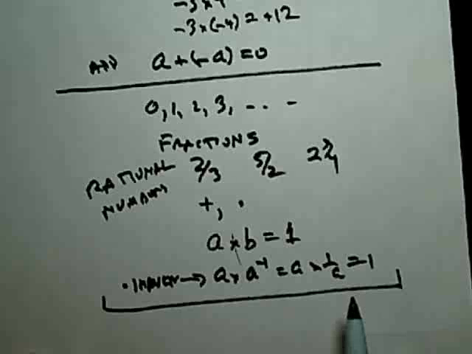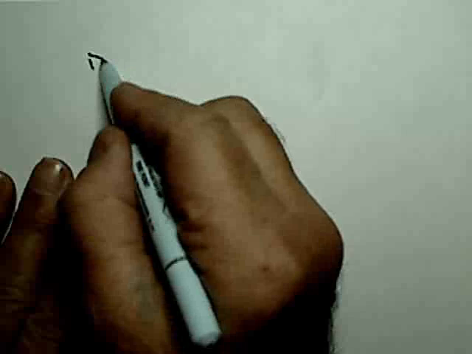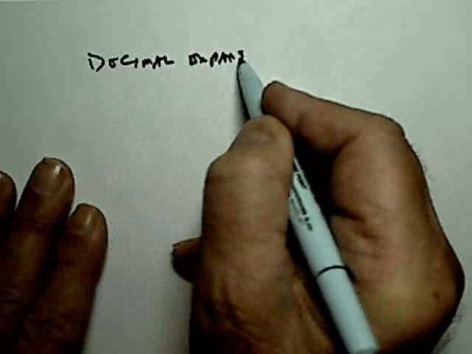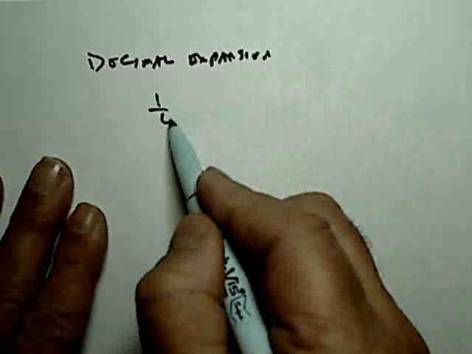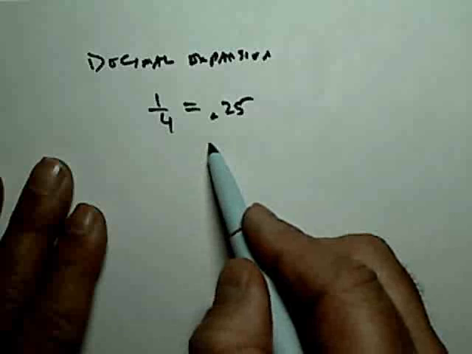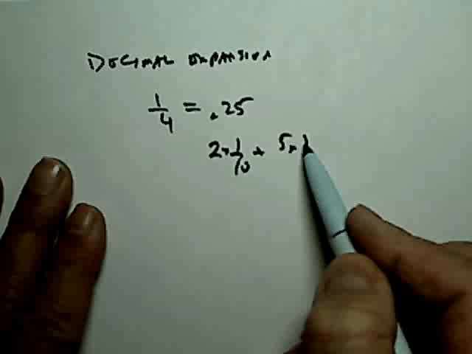Now, of course, what happens is shortly after you teach them about fractions, almost at the same time, you have to introduce the concept of a decimal expansion, because 1/4, as you very well know, is going to be 0.25, and you've got to teach them that this is 2 times 1/10 plus 5 times 1/100th, and so forth and so on.